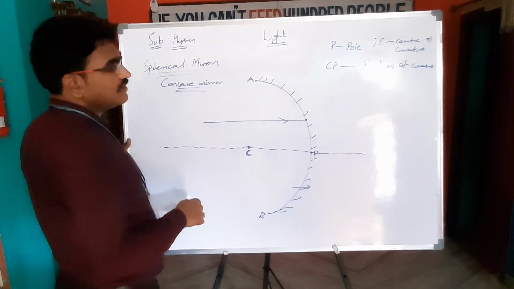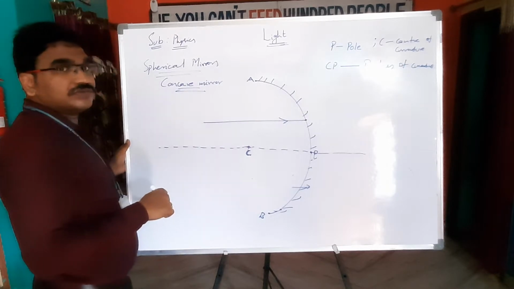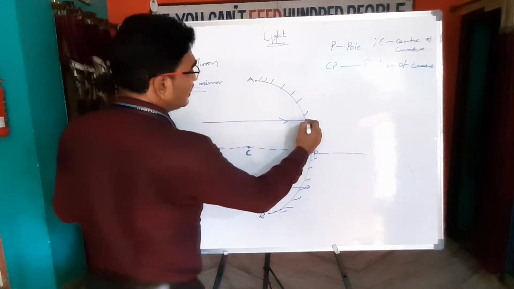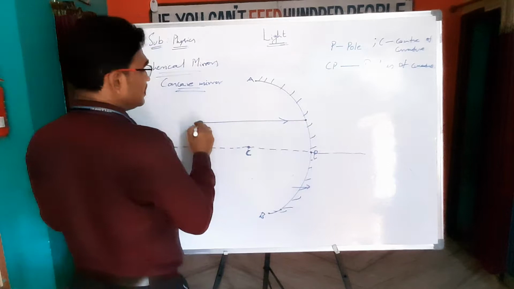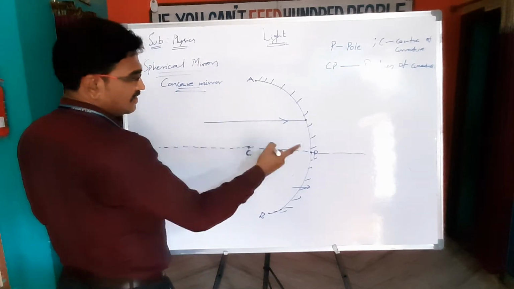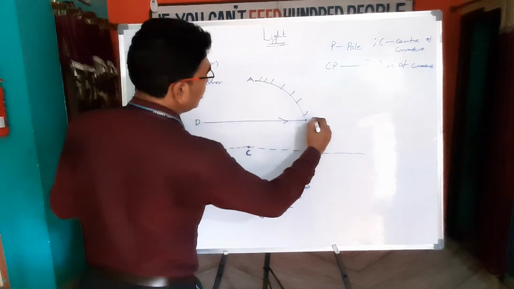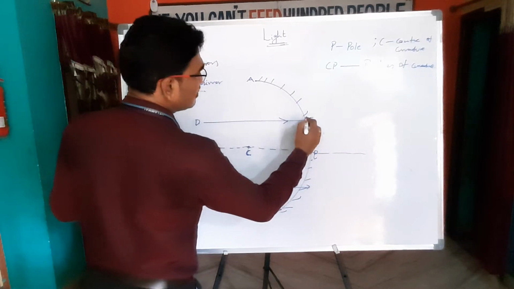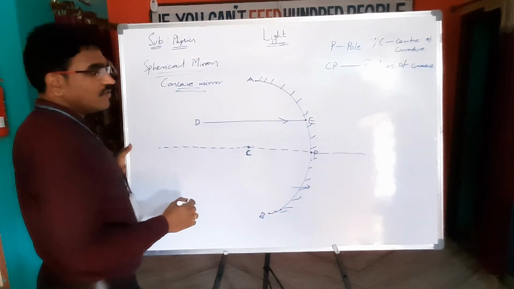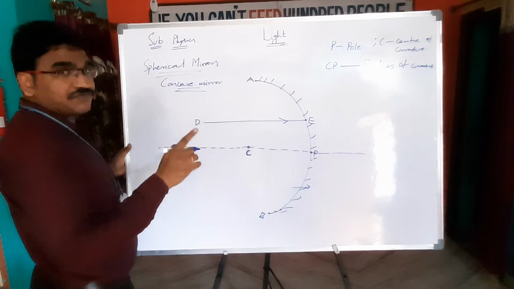How will it reflect? If you want to know, then what do you have to do? This is the incident ray, and I take this as the point of incidence. If I take A, B, C, D, E, then DE, E is the point of incidence. Then you have to draw the reflected ray.